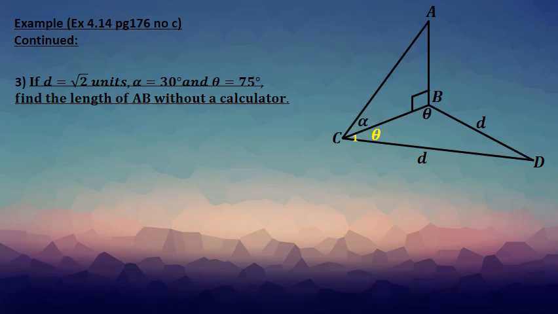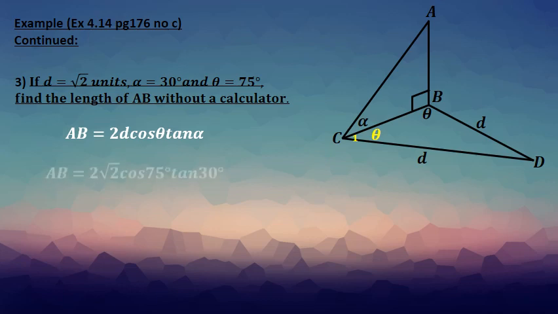Last little example, using our previous knowledge, it's really straightforward. We now have to find the length of AB, but fortunately we already have an expression for AB. So they're telling us that D is root 2, cos is theta, and tan is alpha.